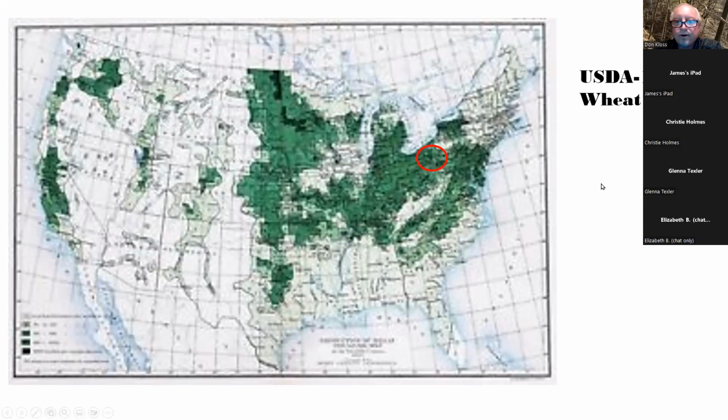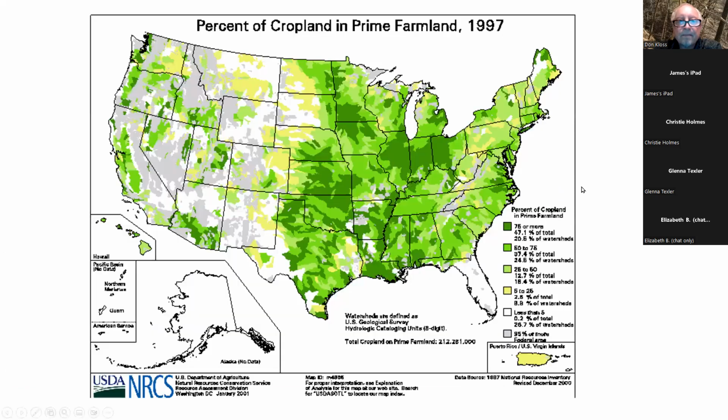This next map, which is also a USDA map, shows the percent of cropland across the United States. We fast forwarded here to 1997.